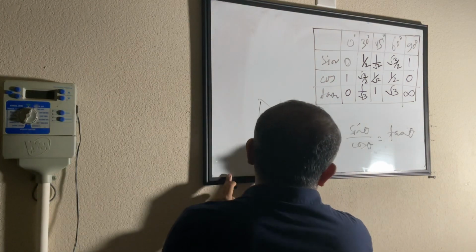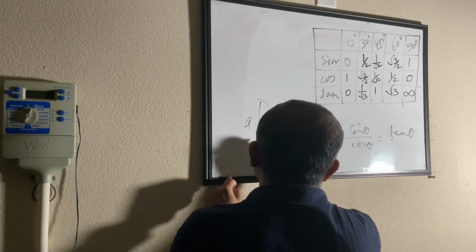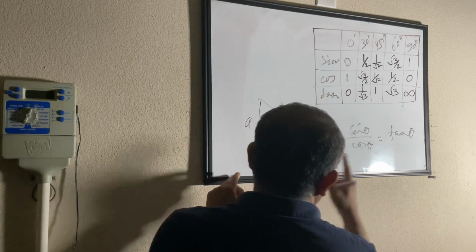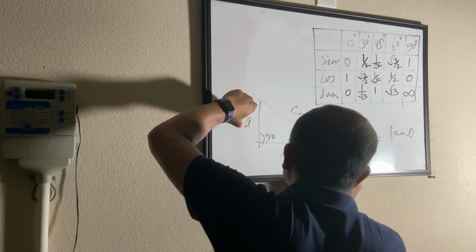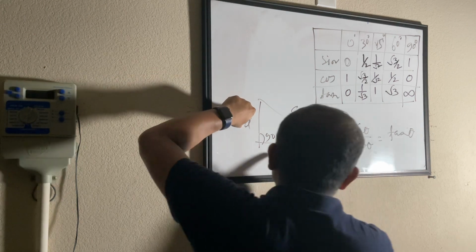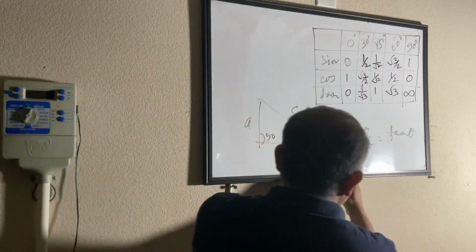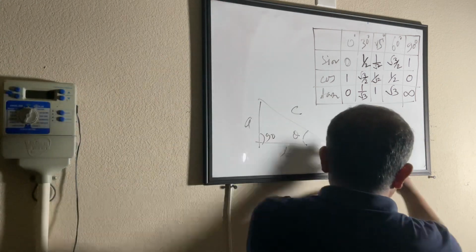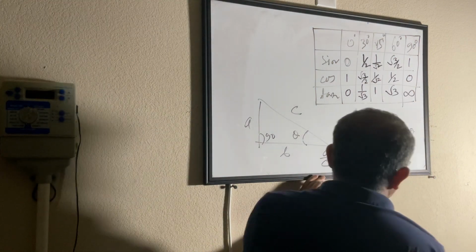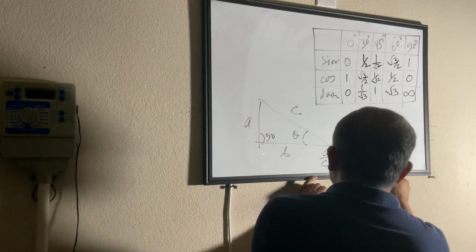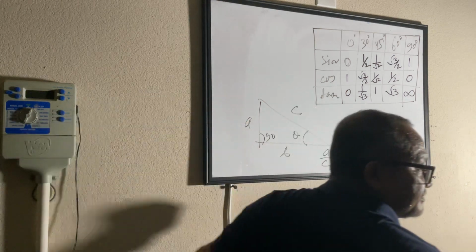If you want to relate again, this is theta, this is A, this is B, opposite side, adjacent side, this is 90 degrees and this is the hypotenuse C. Sine theta will be opposite side by hypotenuse, A by C. Cos theta is adjacent side by hypotenuse, that will be B by C. When you do A by C divided by B by C, this one flips upside down, so it becomes A by C times C by B, and then you can knock off these two, A by B, which is nothing but tan theta.